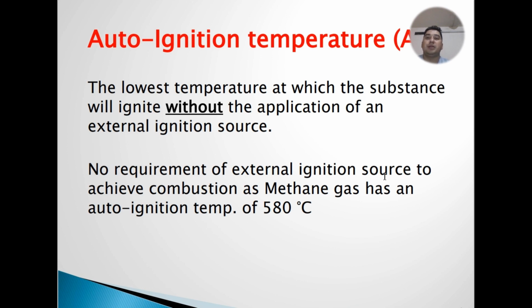Without any source, it will start to burn. There is no requirement of external ignition sources to achieve combustion. For example, methane gas has an auto ignition temperature of 580 degrees Celsius. So when methane gas reaches 580 degrees Celsius, it will start to ignite.